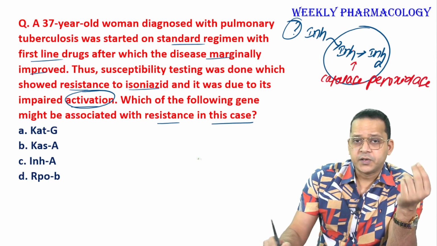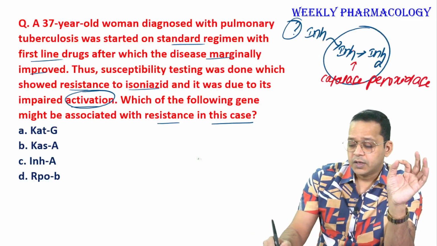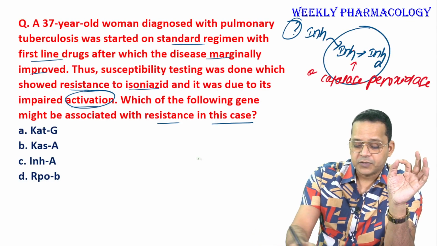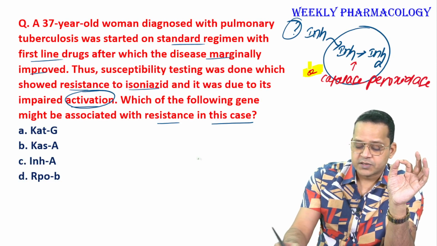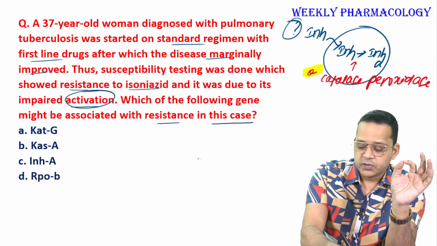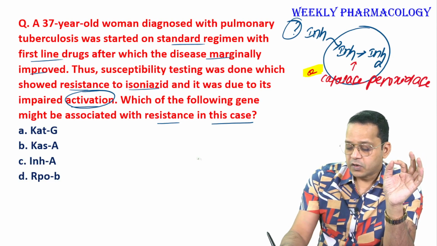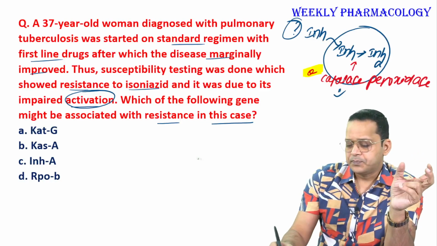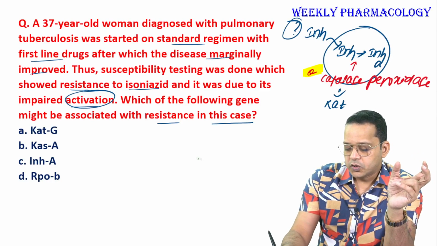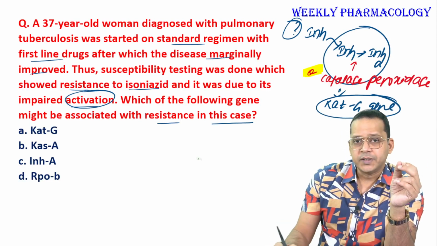Now, it might have clicked you. They had asked you an image-based MCQ where there was a drug which was being activated by this enzyme. They had asked you which drug is it. The answer was isoniazid. Now, see, catalase peroxidase is a bacterial enzyme that is coded by a gene called KatG gene, right? KatG gene.